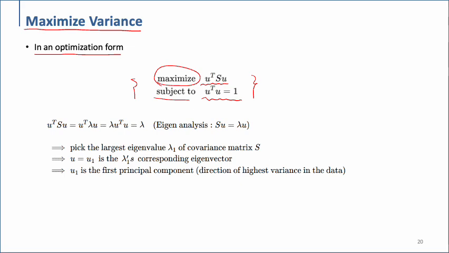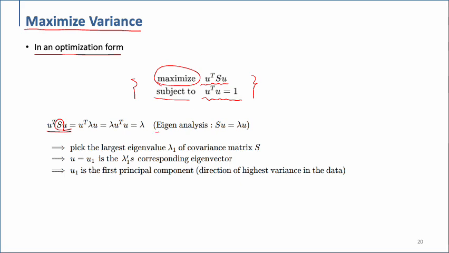But when we rewrite the objective function u transpose S u, this is just the inner product between the u vector and the S u vector. And in order to be maximized, the u vector and S u vector should be parallel. So to satisfy that condition, the u vector should be an eigenvector of S, right?